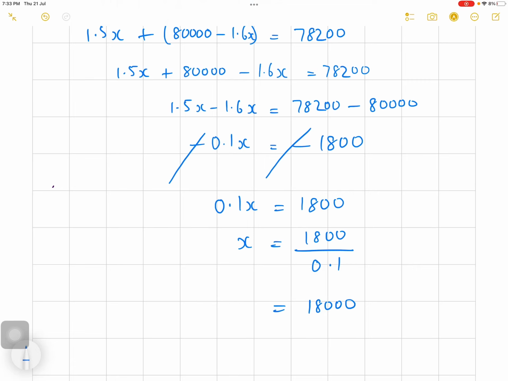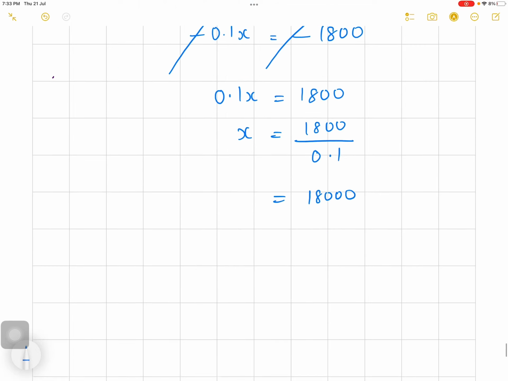Okay, and what is x? X is P1, right? So that means P1 is 18,000 and P2 is 50,000 minus 18,000. Therefore, the amount deposited at 10% is rupees 18,000. This is x.